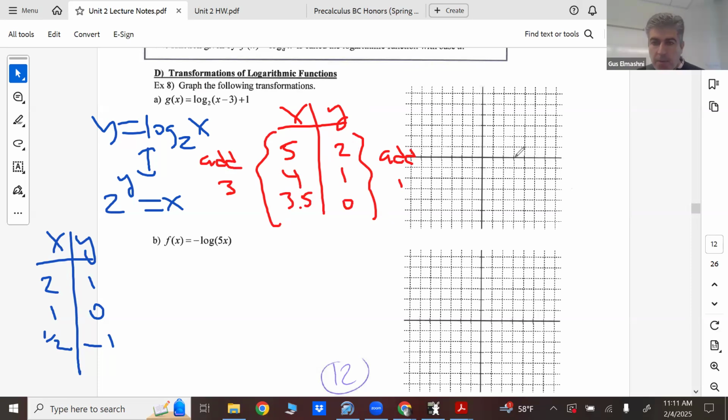So 5, 2; 4, 1; 3.5, 0. And we expect to get closer and closer to what x value? Exactly, because you can't log negative numbers. That makes sense, right? And generally, the graph will take on this kind of curvature.